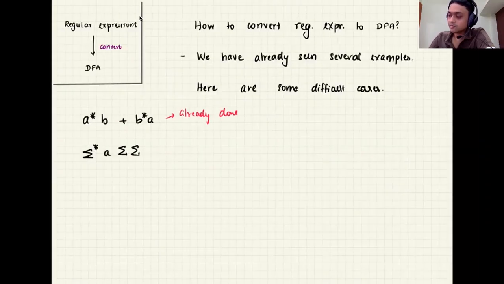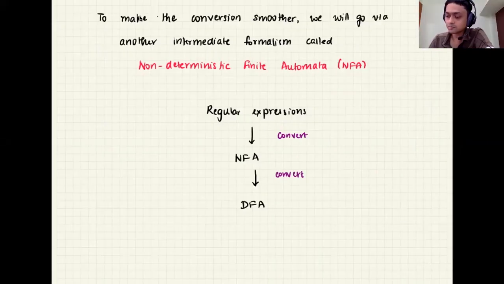So the point being, in this process of converting regular expressions to DFA, there are some cases which don't look algorithmic in nature. It's not clear how to derive an algorithm from it. So this is where we will make use of an intermediate formalism called non-deterministic finite automata. Using this formalism, we will have an easier construction from regular expressions to NFA.